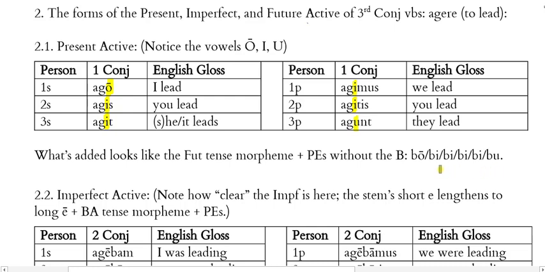If you remember our forms of the future, bo, bis, bit, bimus, bitis, bunt, if we drop the B, we have o, is, it, imus, itis, unt. So it's the same form as the future, but with the B lacking. That may help you, but it may also confuse you. I don't want to confuse you, but in terms of what you're hearing, it sounds like the future, but this is in fact the present active for third conjugation forms.